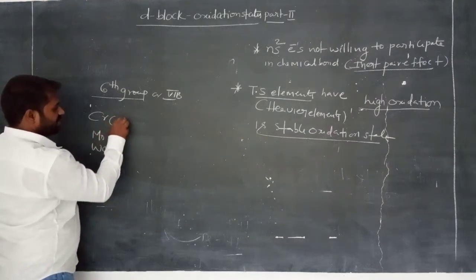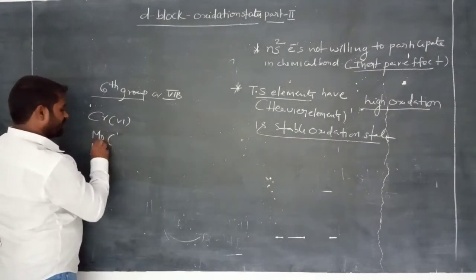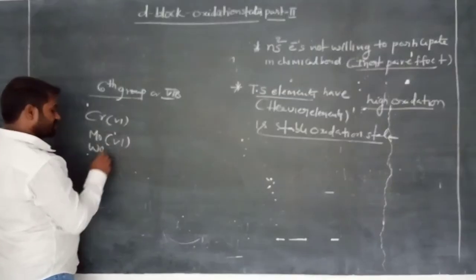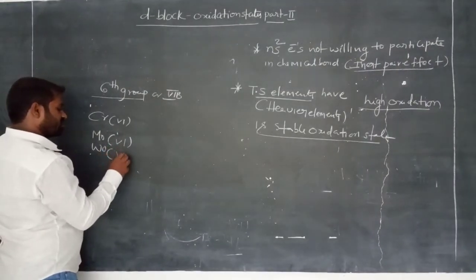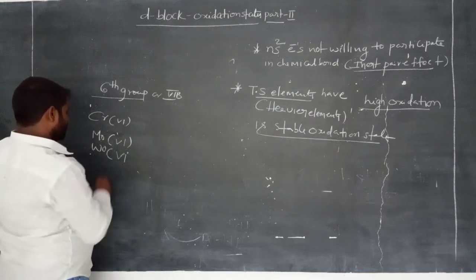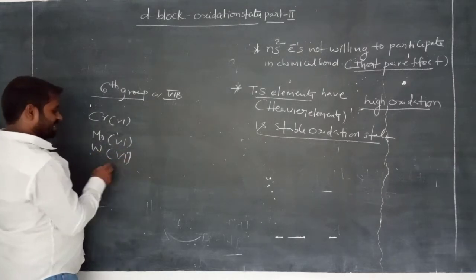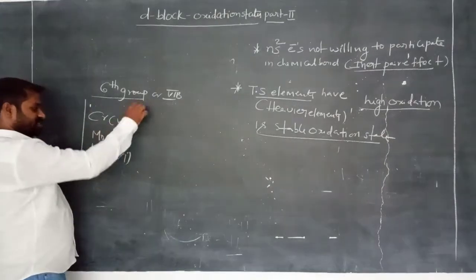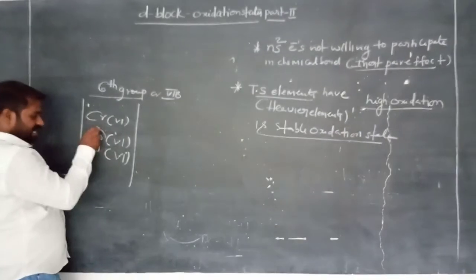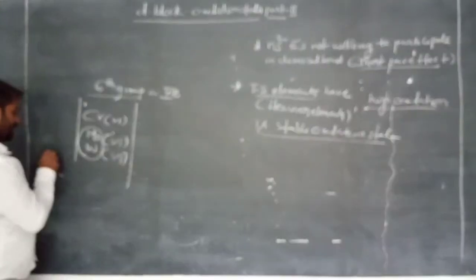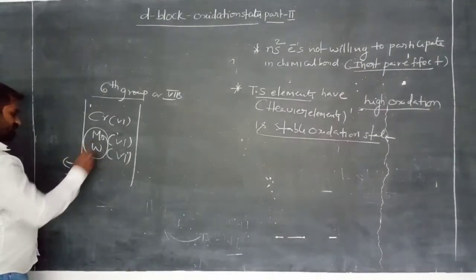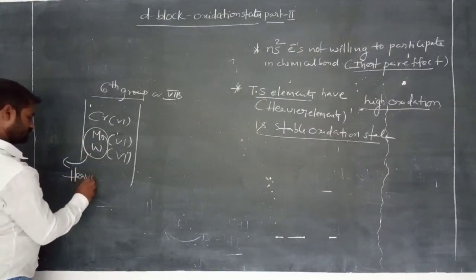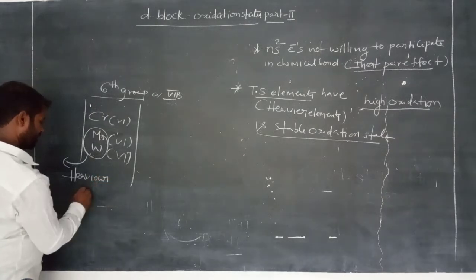Here chromium exhibits +6, molybdenum also exhibits +6, and tungsten also exhibits +6, all are +6. This is in the sixth group, but molybdenum and tungsten are heavier elements.